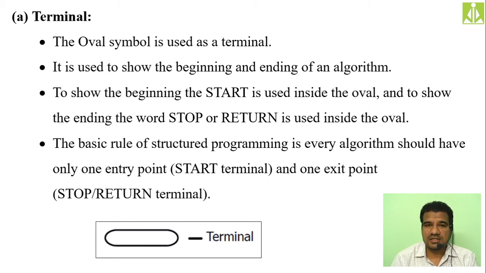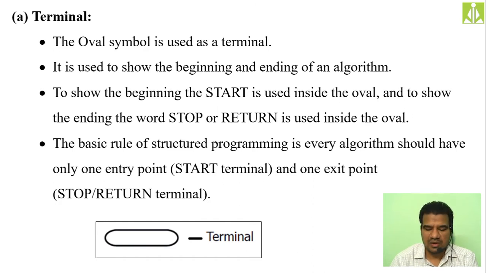Inside the terminal we put a label. For starting a flowchart, we put the label start inside the terminal, and to end a flowchart we put stop inside a terminal if it is the main flowchart.